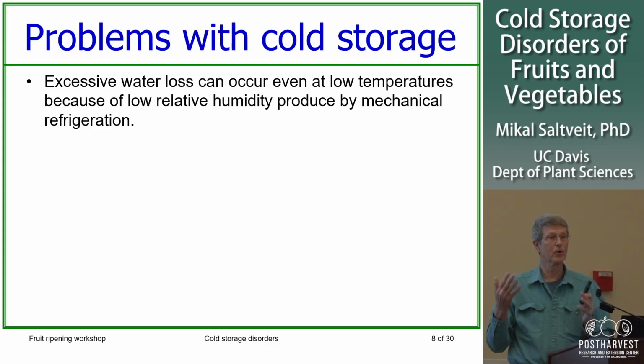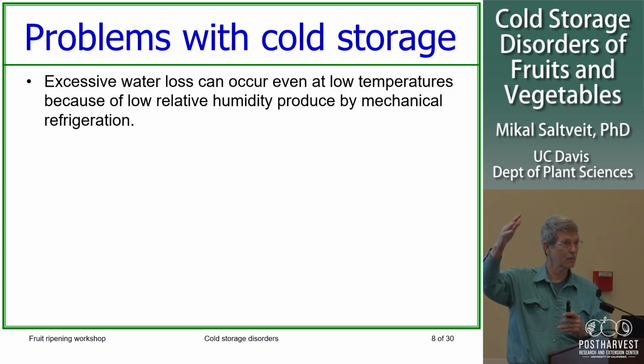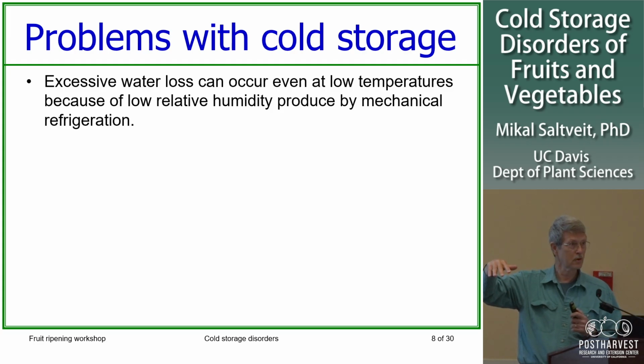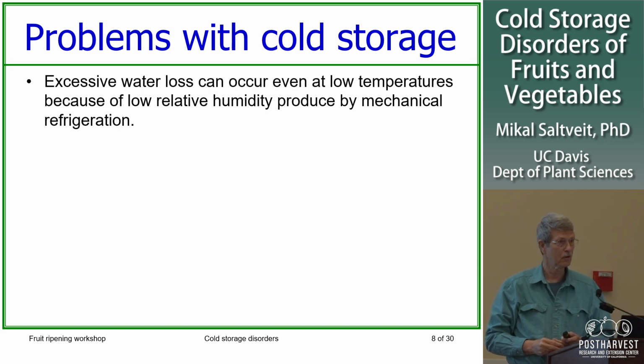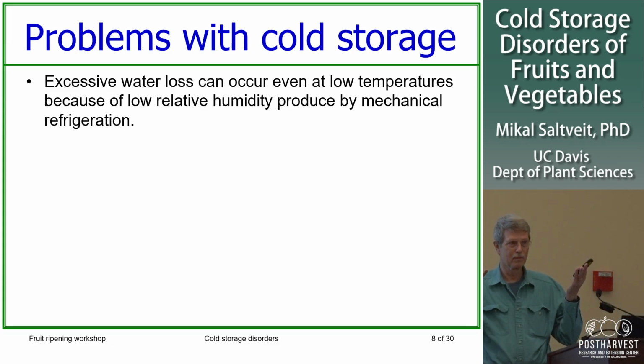Because those coils are cold and the air coming into them from the room has condensed on them, you get water condensing on the coils, and then it drips out. So the air coming out of that refrigeration unit is 100% relative humidity. But now it comes into a room and it starts to warm up.